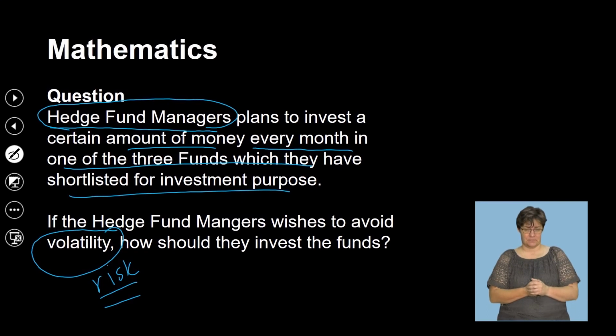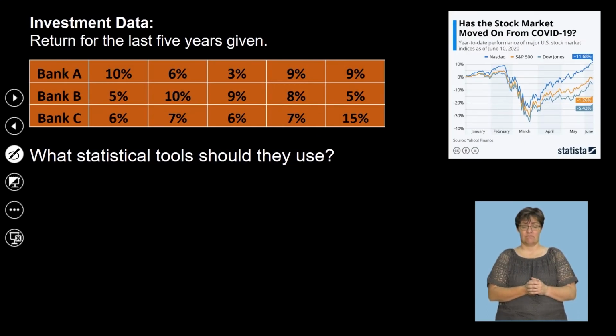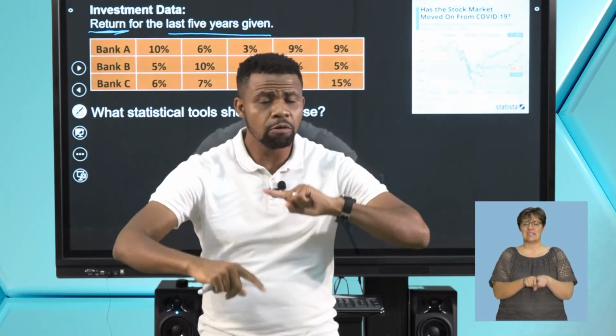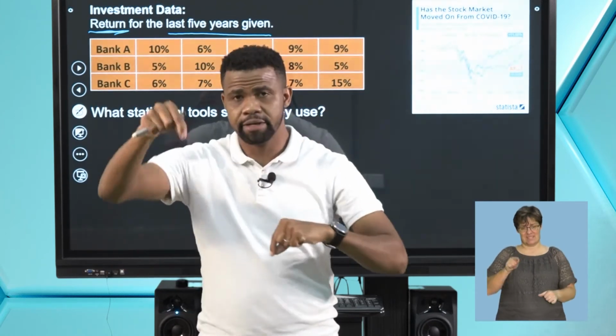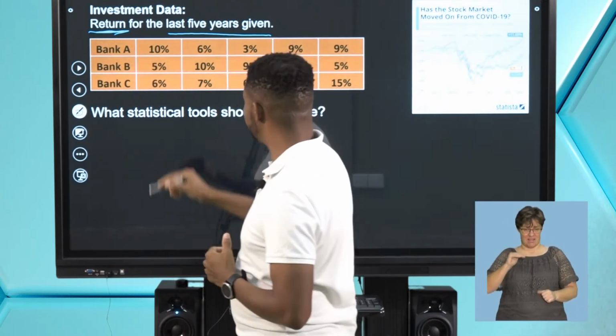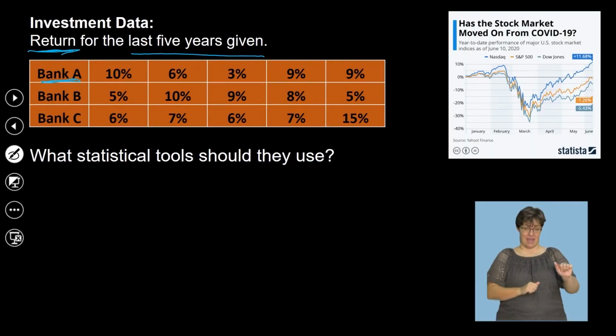So let's see what we have. So here we have returns for the last 5 years given. Returns, think of that as the performance of a bank each and every year. So we have Bank A. Year 1, their return was 10%. Whatever they invested, they made 10%. Year 2, they just made 6%.